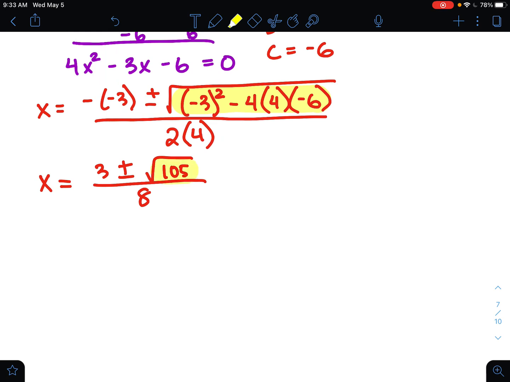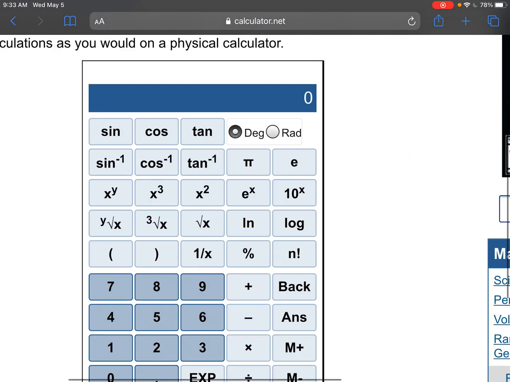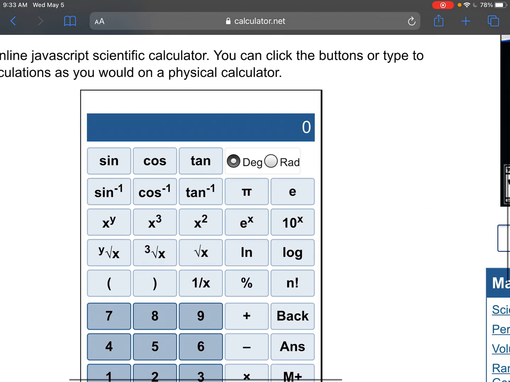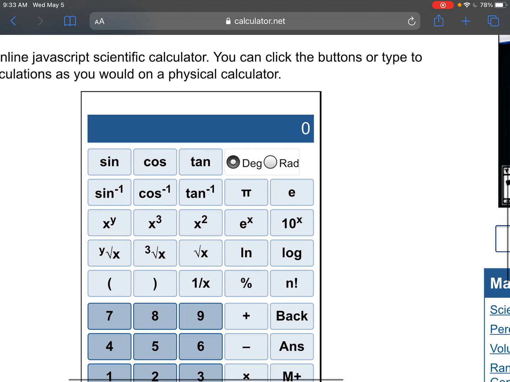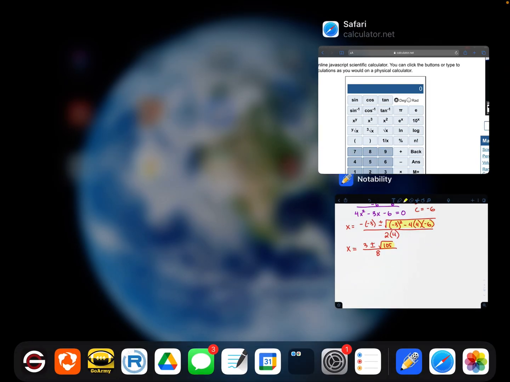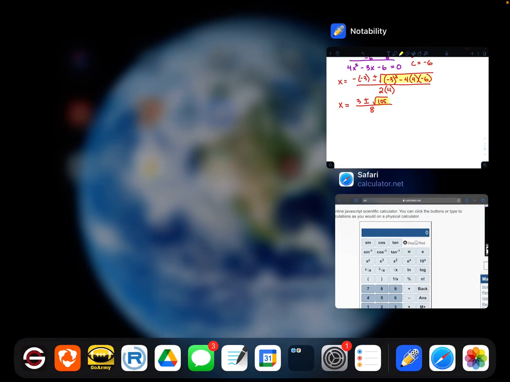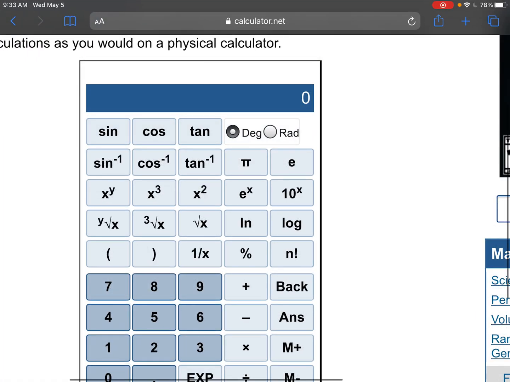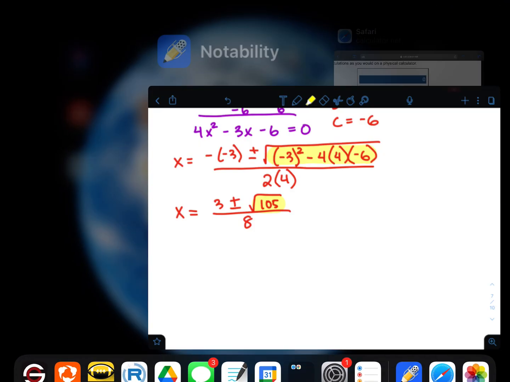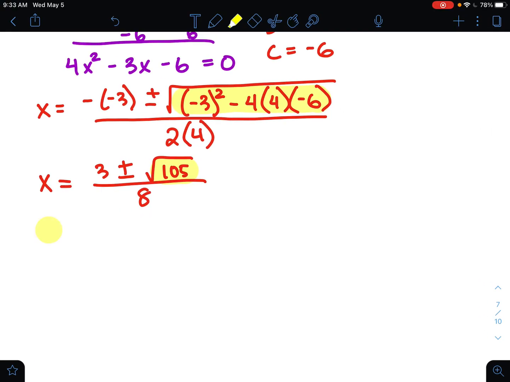Okay, now let's do square root of 105. So I'm going to switch my screen to an online scientific calculator here. I'm going to change my mind. I'm going to go back. I'm sorry. Here's what I want to do first.